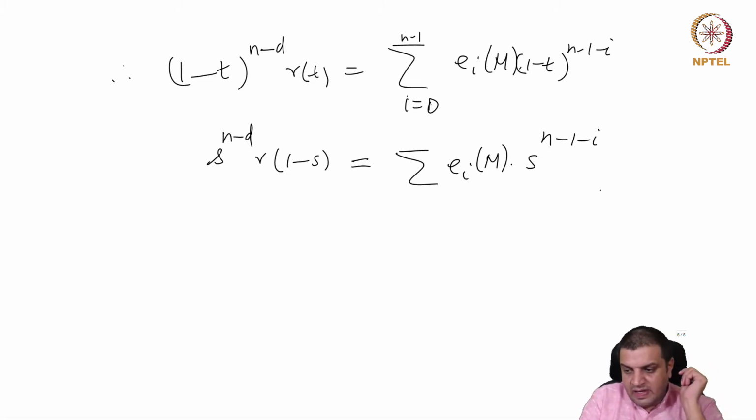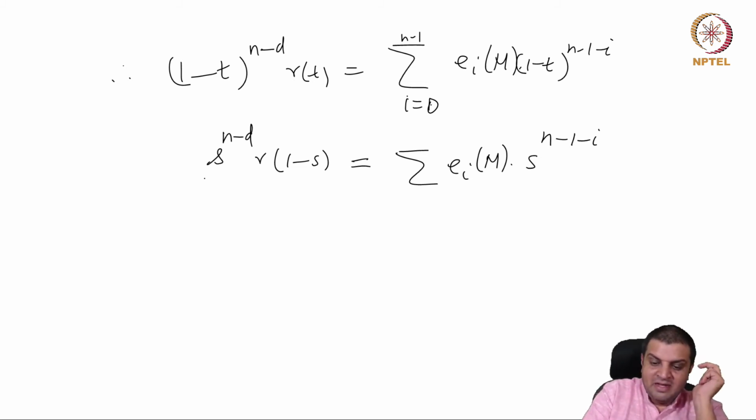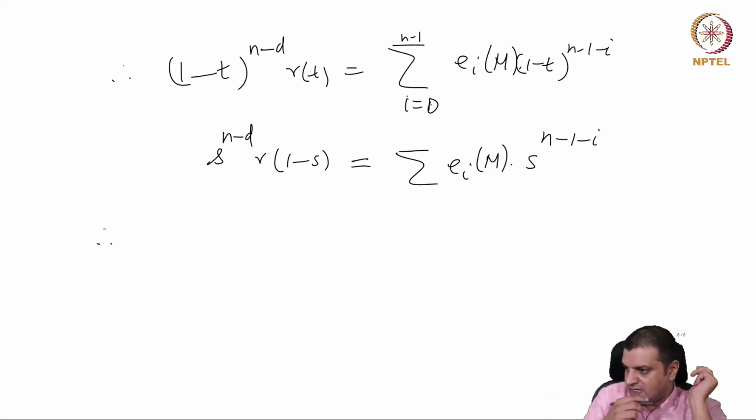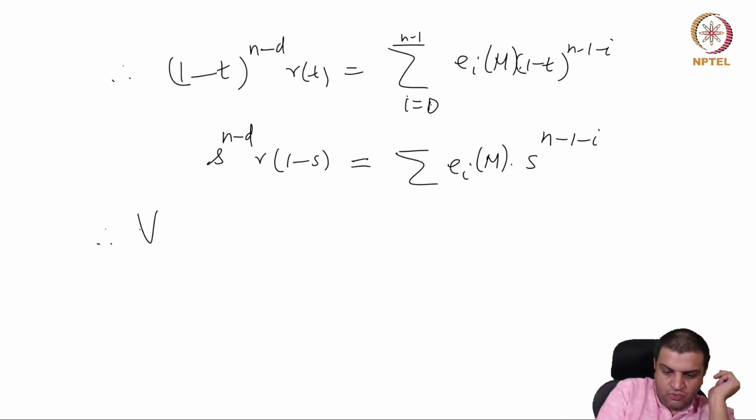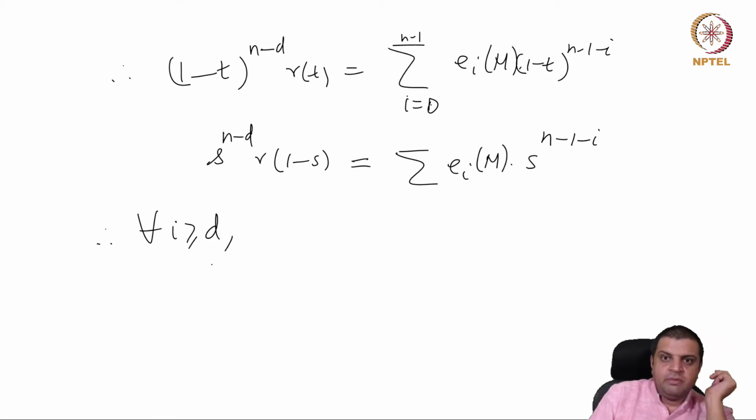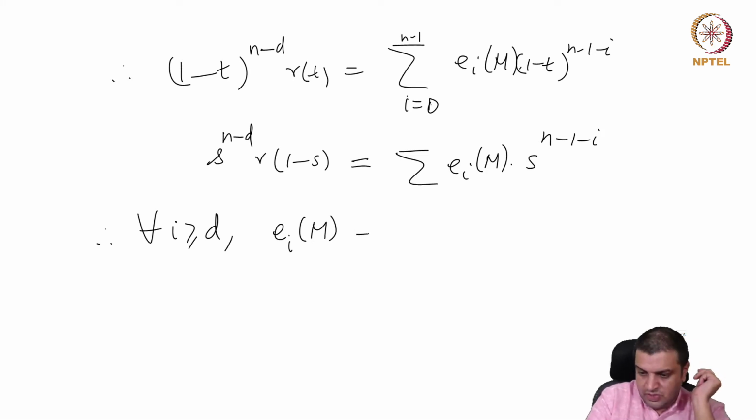So on the right side, the coefficients of s, no constant term, coefficient of s, coefficient of s squared, all the way up to the coefficient of s to the n minus d minus 1, vanish. Therefore, for all i greater than or equal to d, e_i(m) is 0.